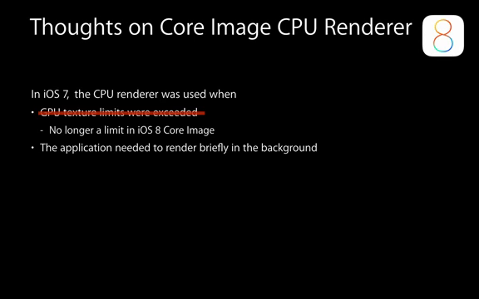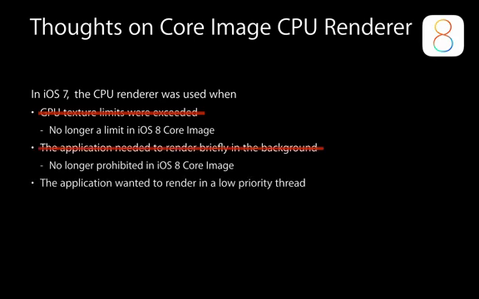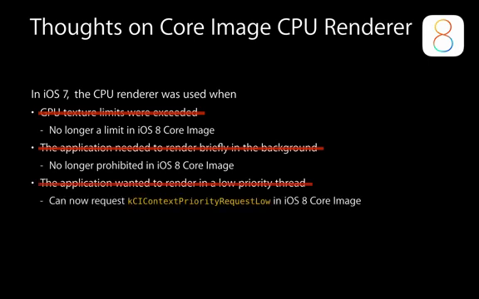Similarly, the application might have needed to render briefly when in the background. That's also been improved in iOS 8. And lastly, if your application wanted to render from a secondary thread when in the foreground, you might have used the CPU renderer, and now that is no longer a limitation. So we have some great ways to keep us on Core Image's much faster GPU rendering path.